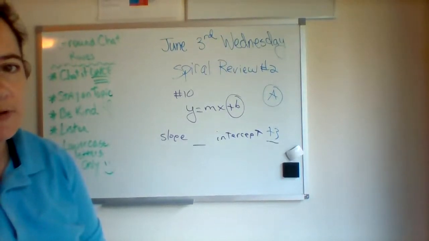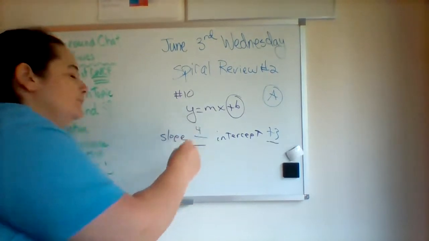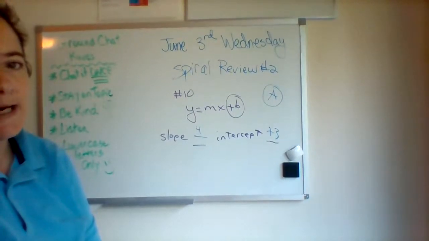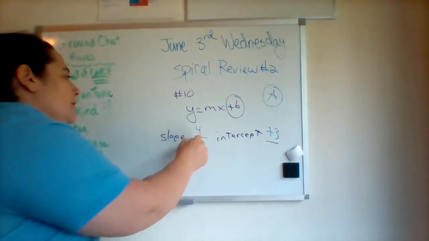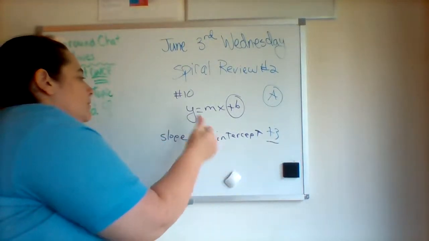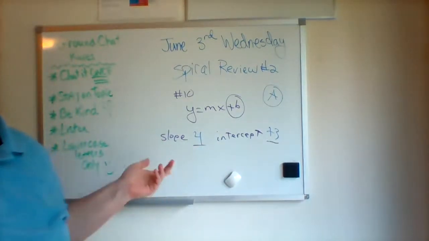I would stop at 7. So 1, 2, 3, 4. I would go 4 up. And how many over do you have to go? Well, according to the scale, I'm only going over 1. So that means that the slope is actually 4. And if you take a look at A, lo and behold, it says that the slope is 4. Okay?